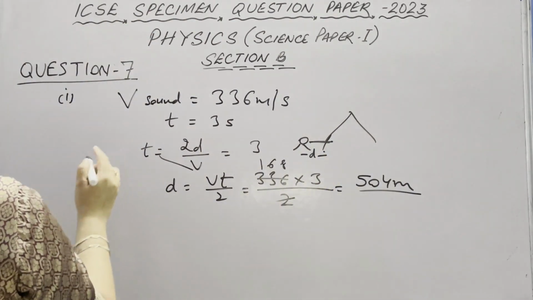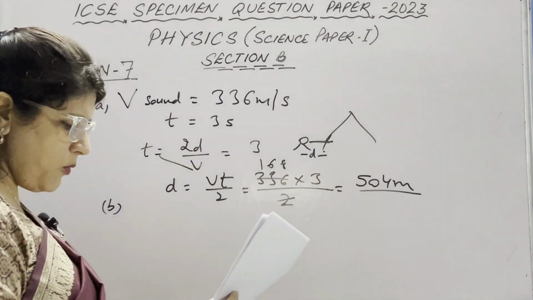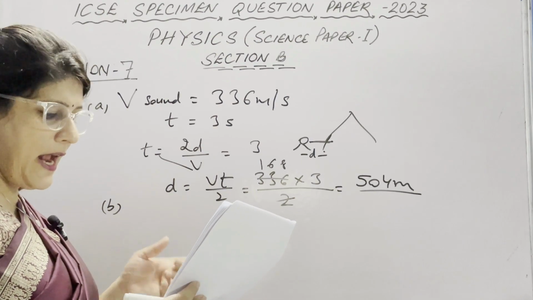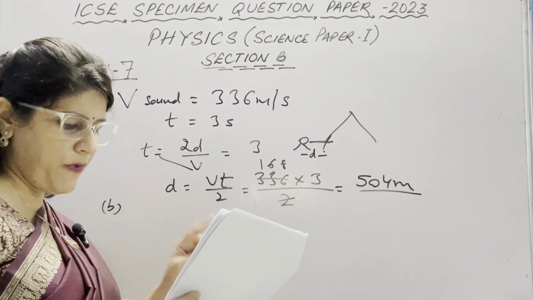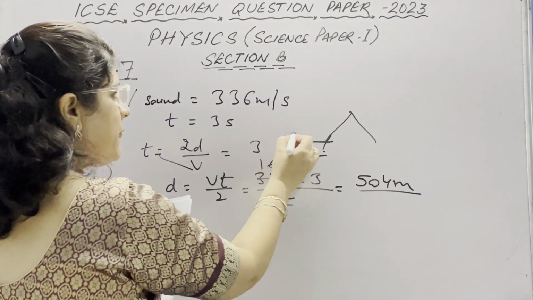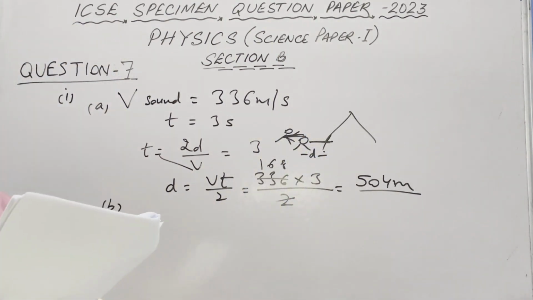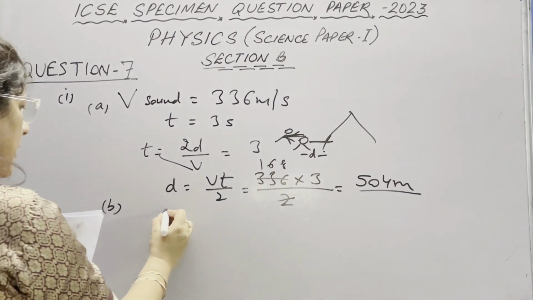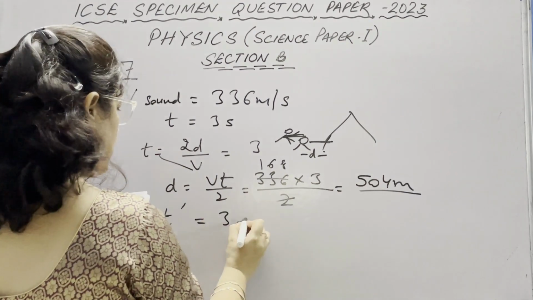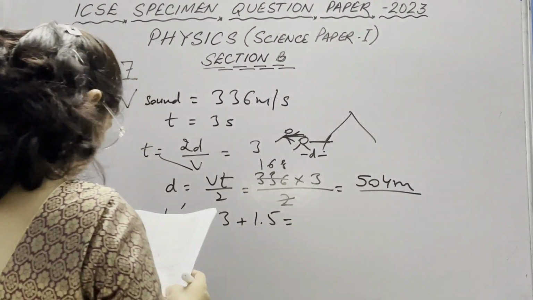Now in second part, it means B part, they have asked, after moving a certain distance from the cliff, he fires the gun again and this time the echo is heard 1.5 seconds later than the first. It means the person is moving away from the cliff. Now distance is increasing. So in second case, new time is equal to 3, which is the first, and 1.5, which is the second echo.